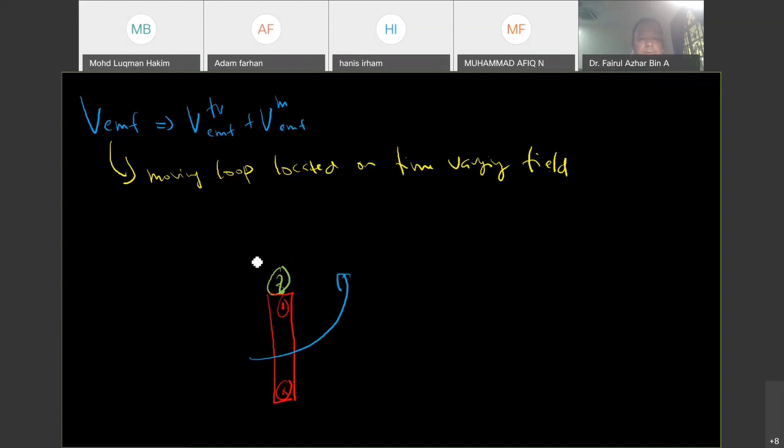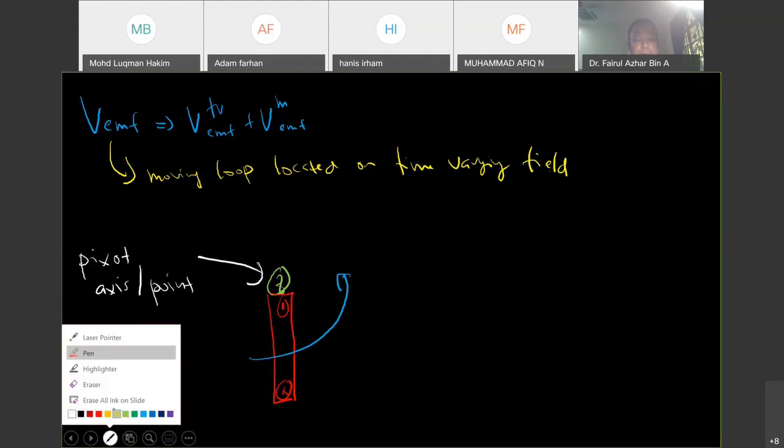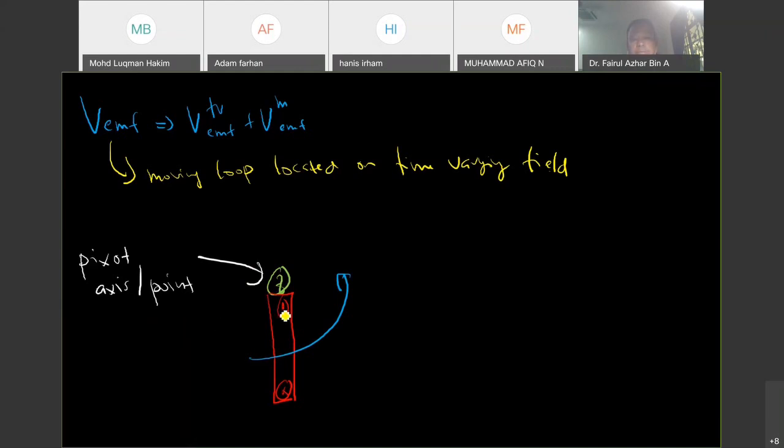The axis here will be our pivot axis, or our pivot point. We still have our magnetic field, in this case still in the y cap direction.